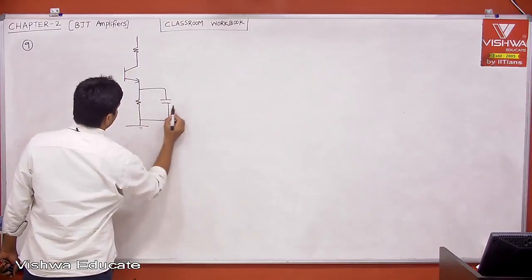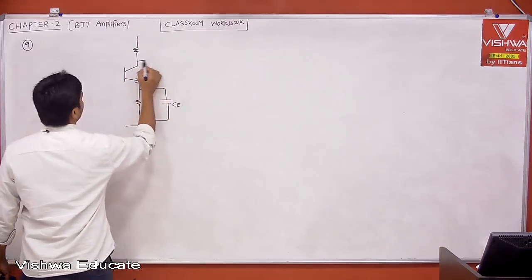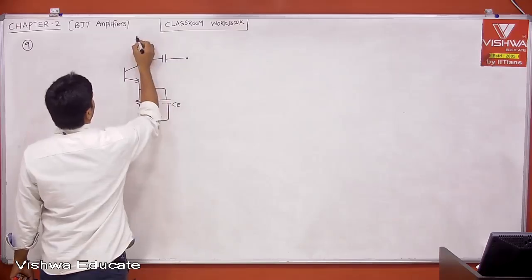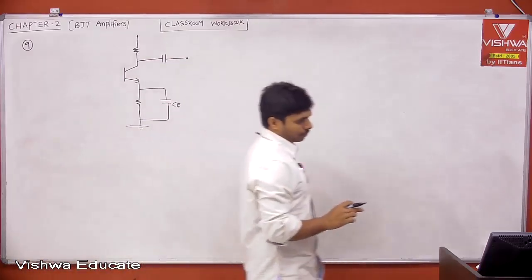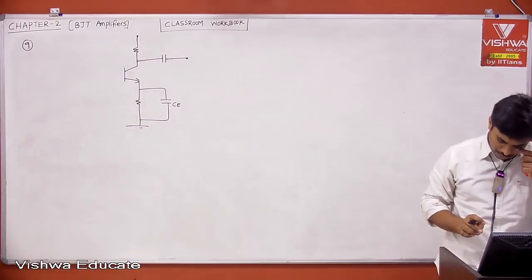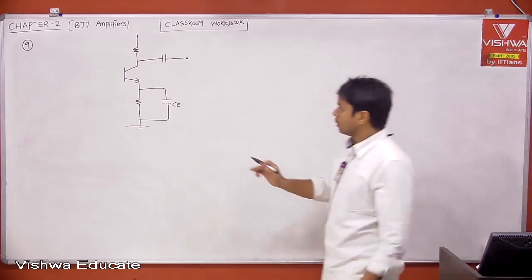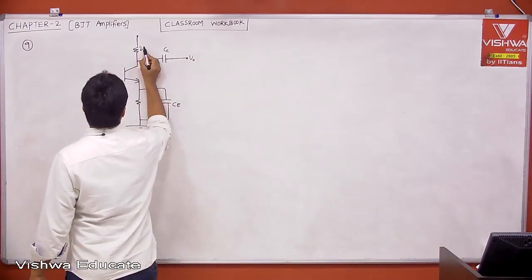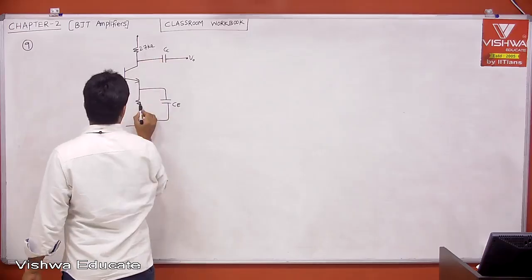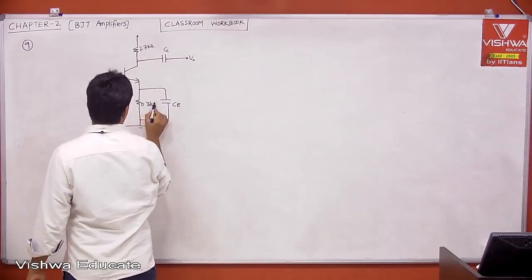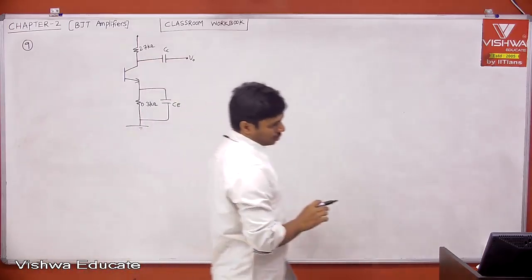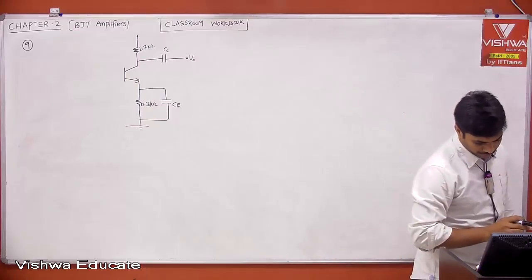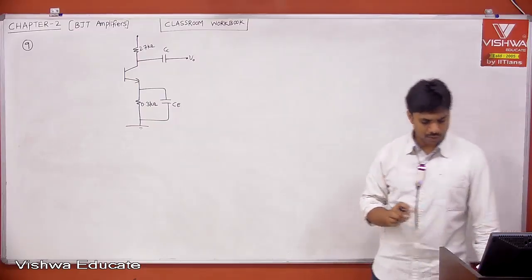This is CE. And this is 2.7K, 0.3K, 2.7K and 0.3K, and 800K, Vs.